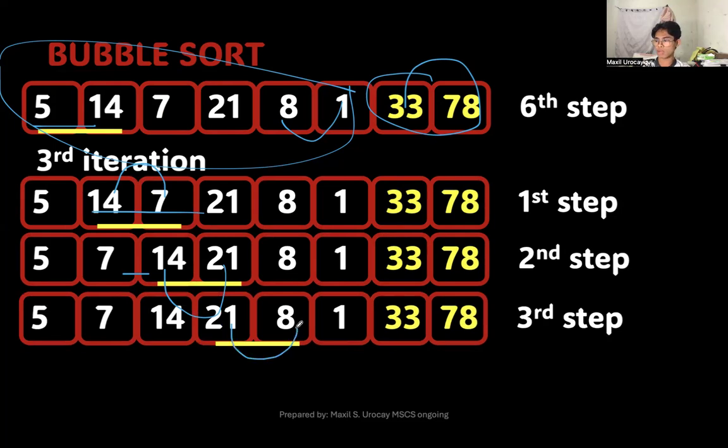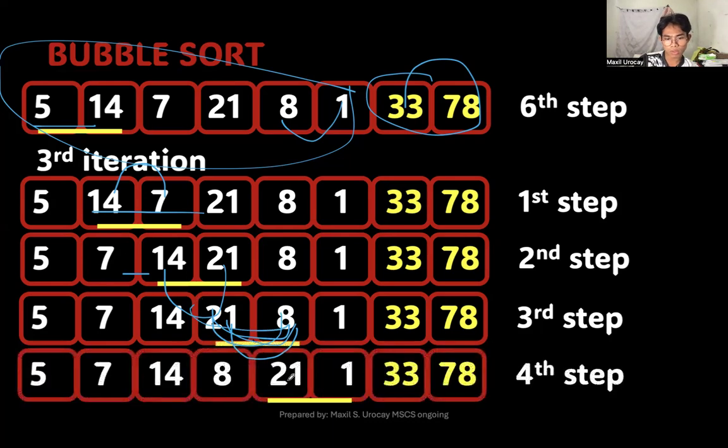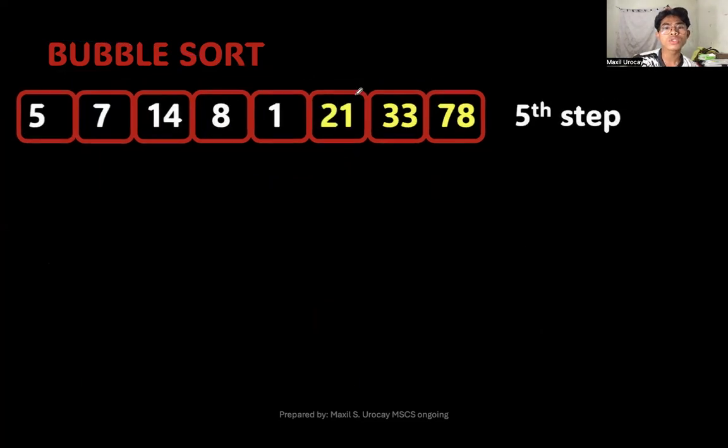In the fourth step, 21 and 8, we swap them, and then 21 and 1, we swap them. That's how it works. 21 and 33, 78 is already in place.